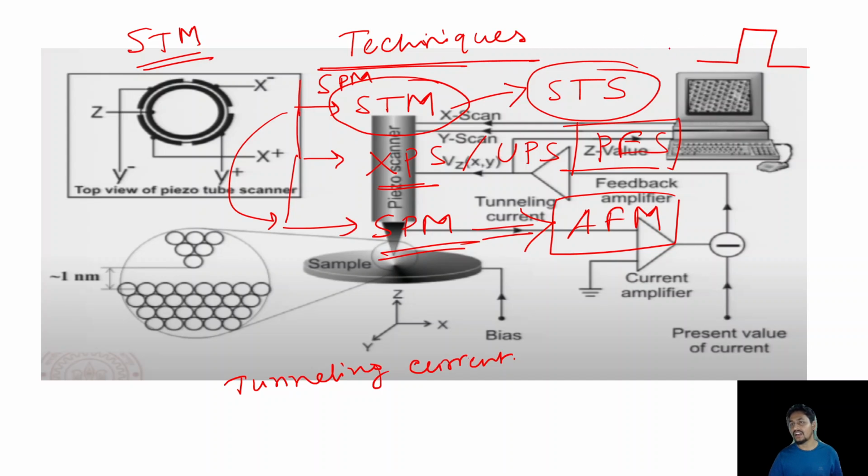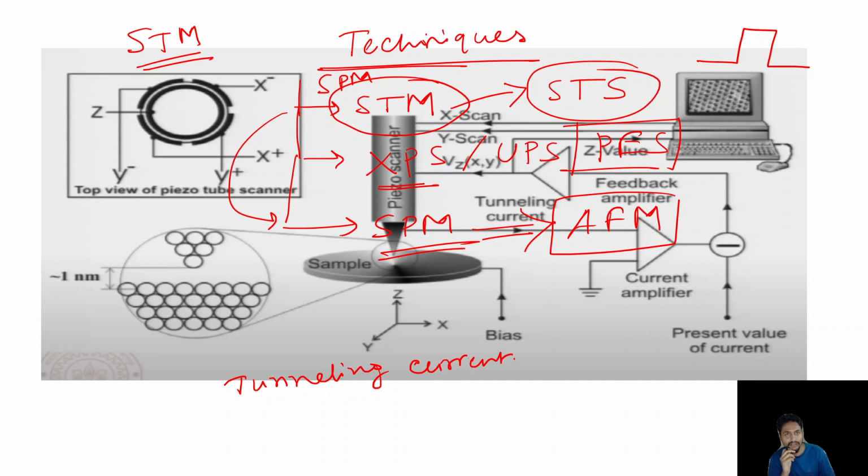If we measure the tunneling current, it depends very highly on the distance between the tip and the surface. That distance changes depending on the topography. So by measuring the tunneling current, we can get the topography of the surface in an indirect manner.